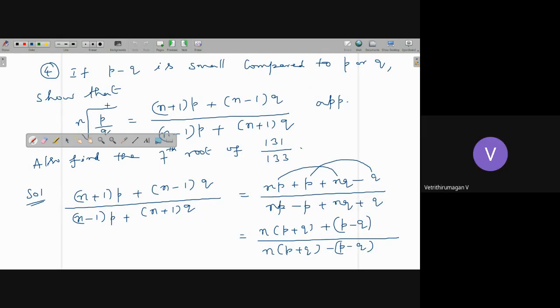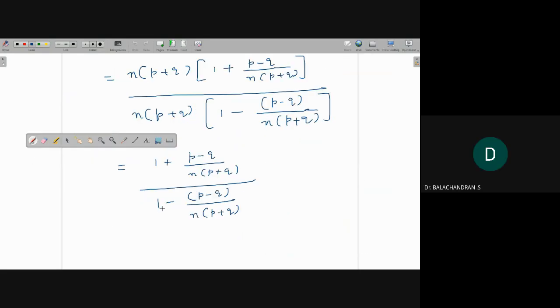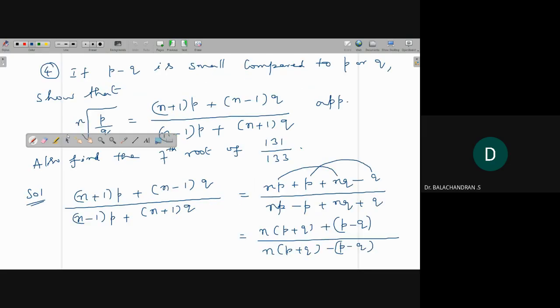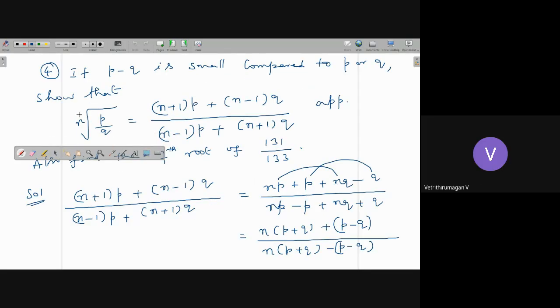Yeah, your suggestion is okay. If I write like this, then it should be whole power minus 1. But the hint is here p by q whole power 1 by n. This is the hint.